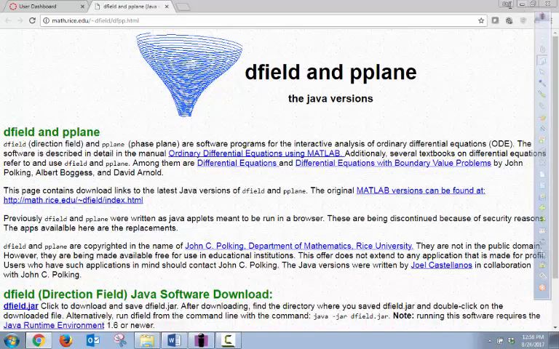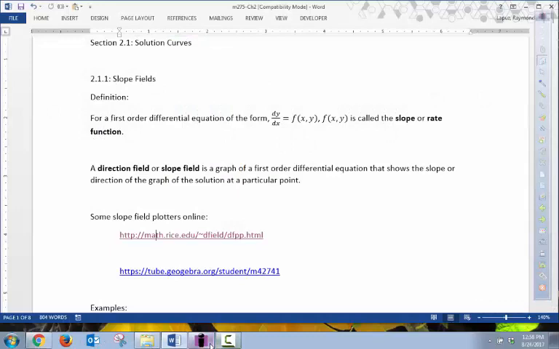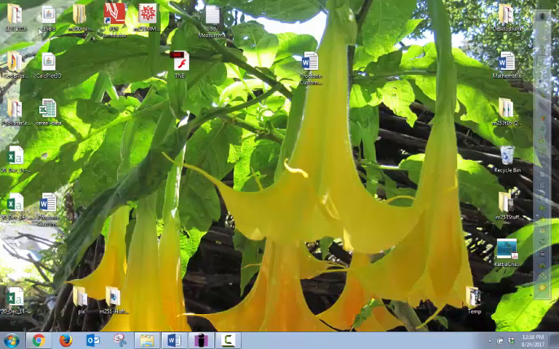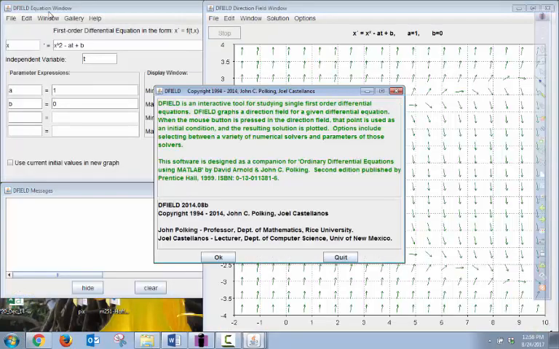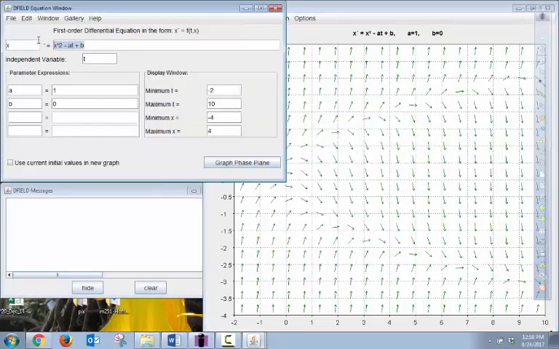Actually, I downloaded the Java, what do you call it? Applet. I downloaded the applet already. So this is how your equation might look. They use x and t for the variables, so be flexible with that.